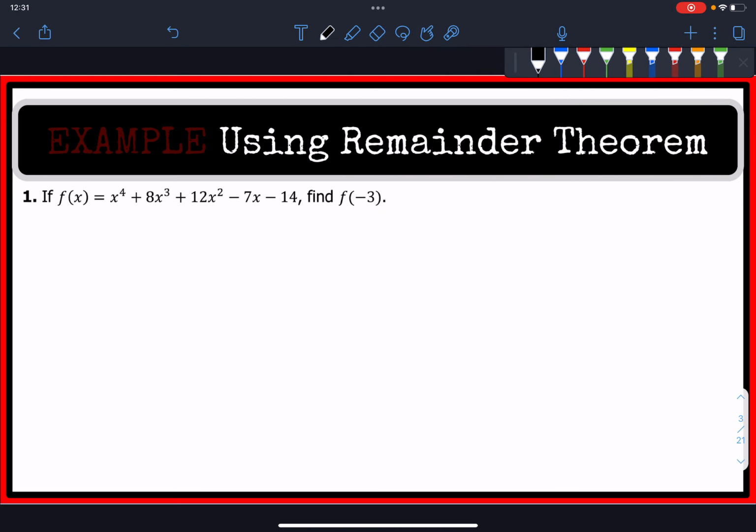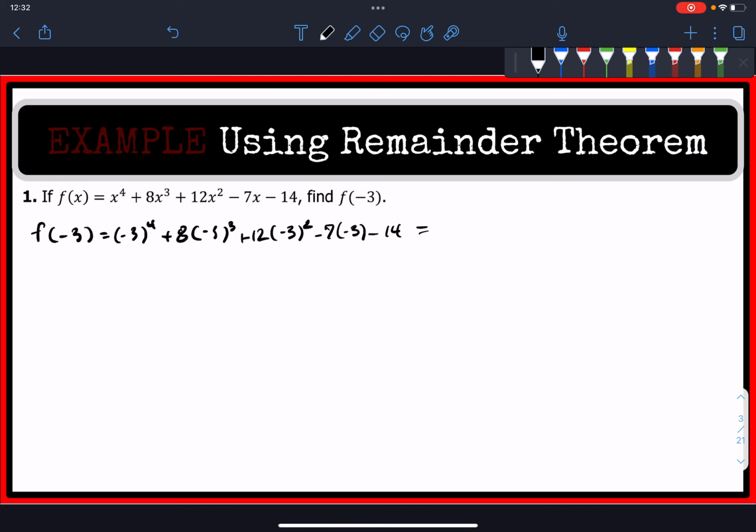The normal and long way of doing this is to substitute in negative 3 for every value of x. So negative 3 to the 4th plus 8 times negative 3 to the 3rd plus 12 times negative 3 to the 2nd minus 7 times negative 3 and then minus 14.